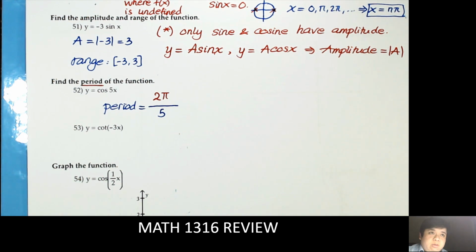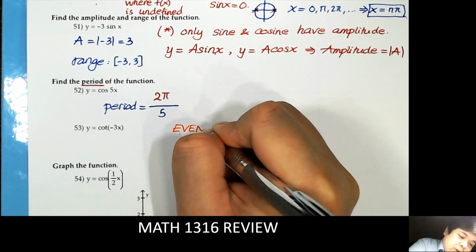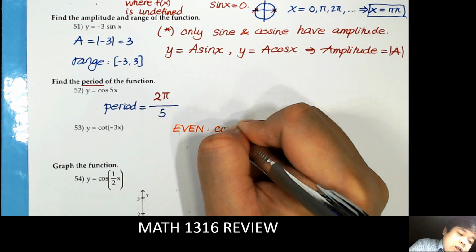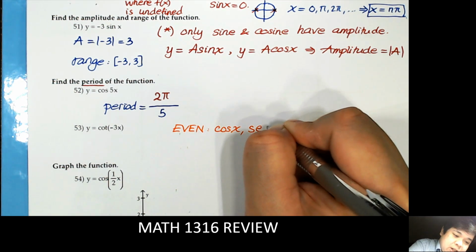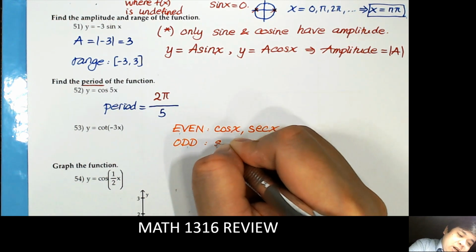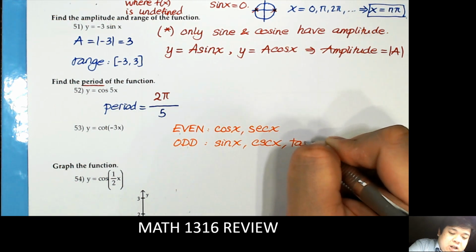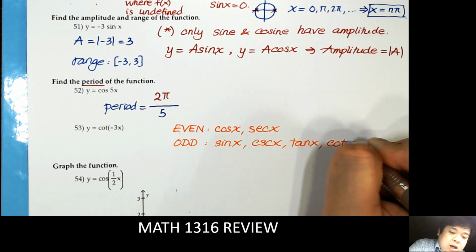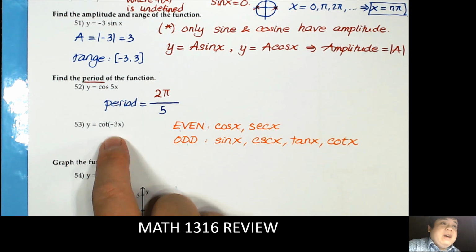It's the even and odd functions. So the even functions are cosine of x, and the reciprocal, which is the secant of x. Those are even. The odd functions are sine, and its reciprocal, cosecant, tangent x, and its reciprocal, cotangent of x. So how is that significant? Because here we have a negative.